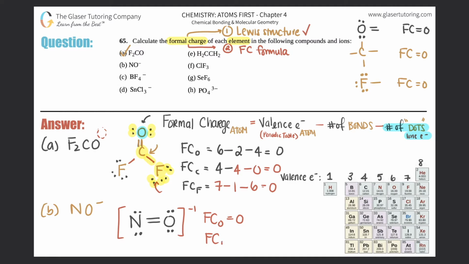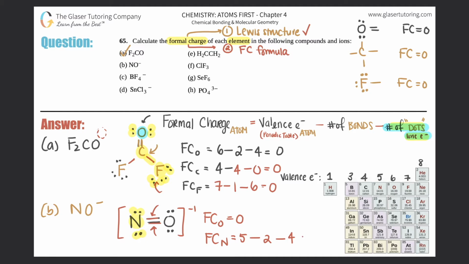Now let's try the formal charge for the nitrogen. So valence electrons, nitrogen starts off with 5. So it would be 5 minus, how many bonds does this nitrogen have? Oh, well, it has 1 and 2. So 5 minus 2 minus the number of dots, which is the lone electrons. How many dots does nitrogen have? 1, 2, 3, 4.